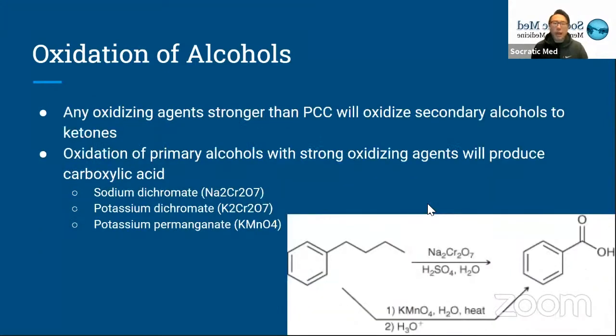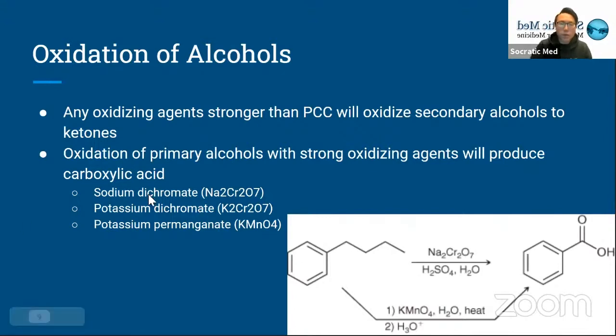But like I said, any oxidizing agent that you encounter on the MCAT that's stronger than PCC, they will be able to oxidize secondary alcohols to ketones as well. But then for primary alcohols, using a strong oxidizing agent, it will be able to produce a carboxylic acid.